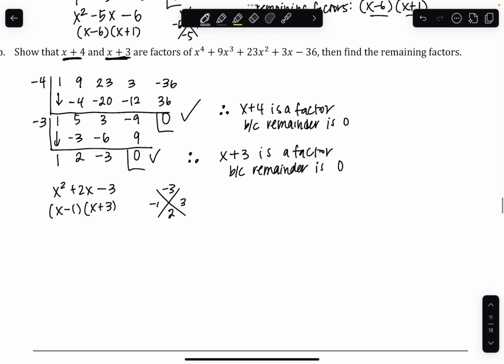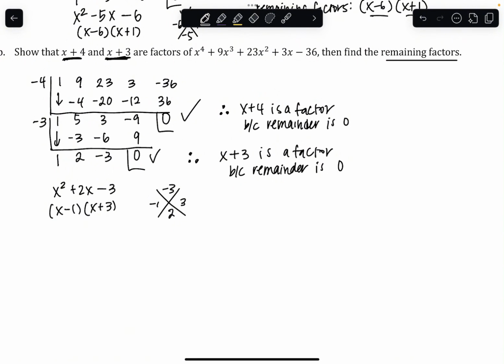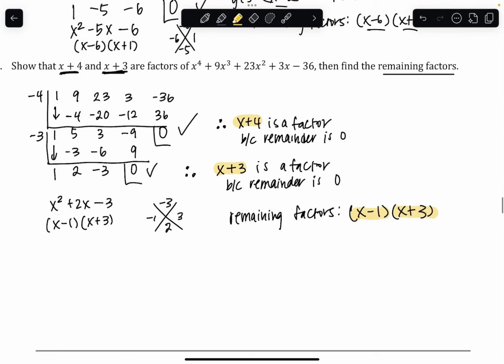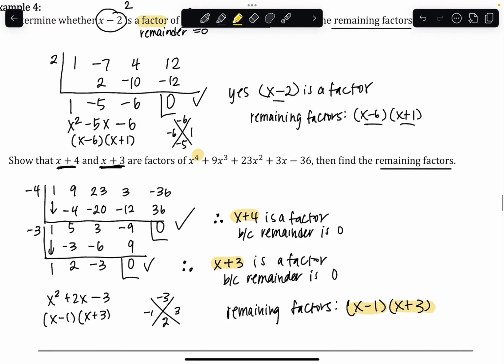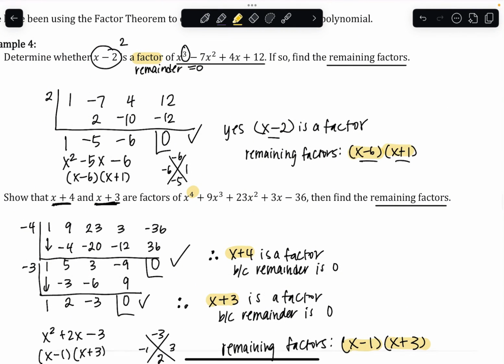And so the remaining factors are x minus 1 and x plus 3. So these are the 1, 2, 3, 4 factors that make up this degree 4 polynomial. Here we had 3 factors that made up this degree 3 polynomial.